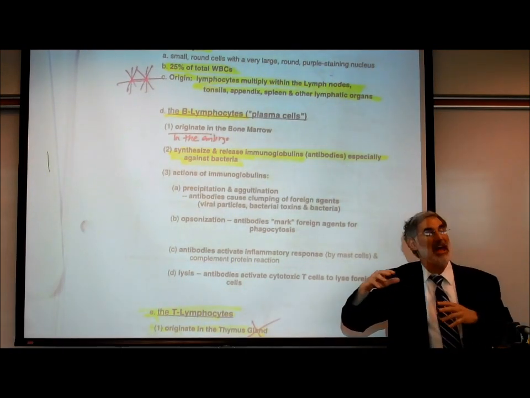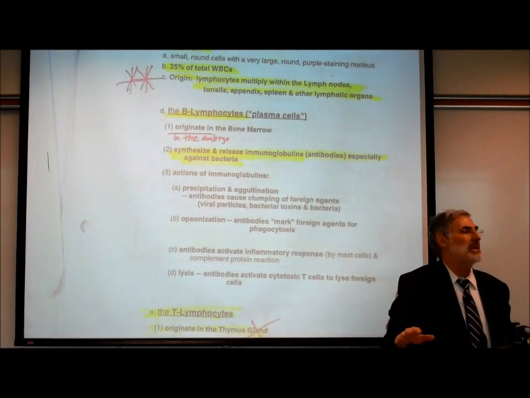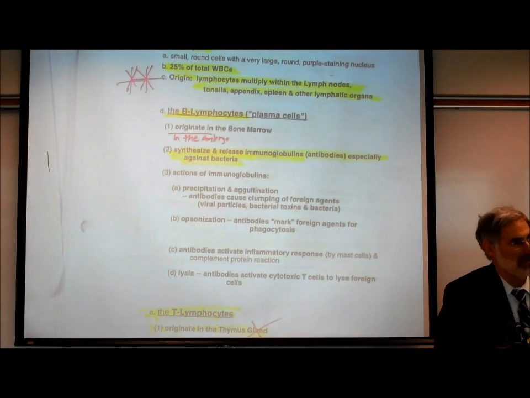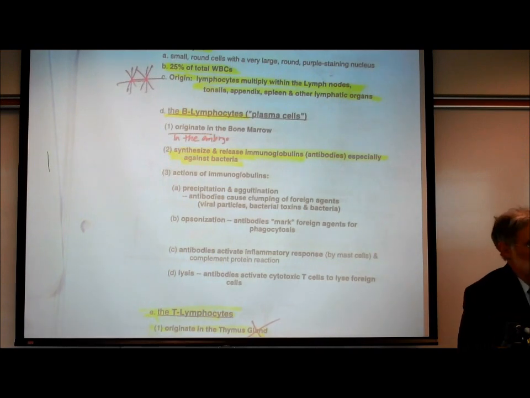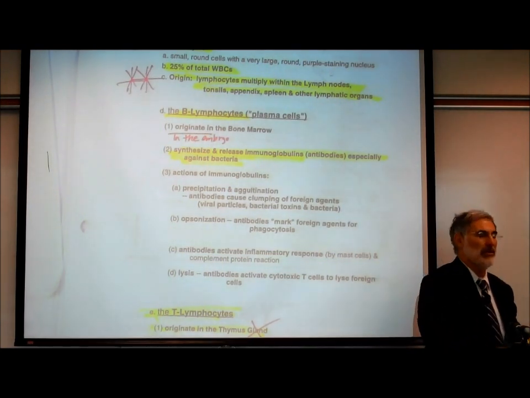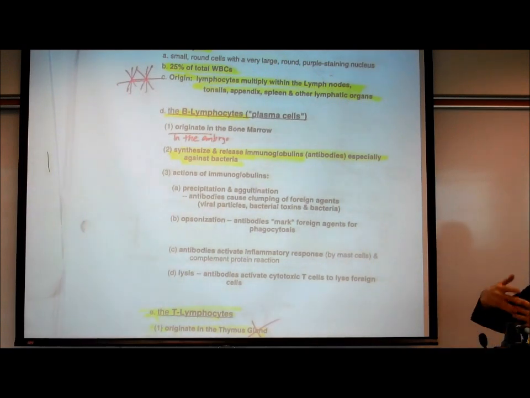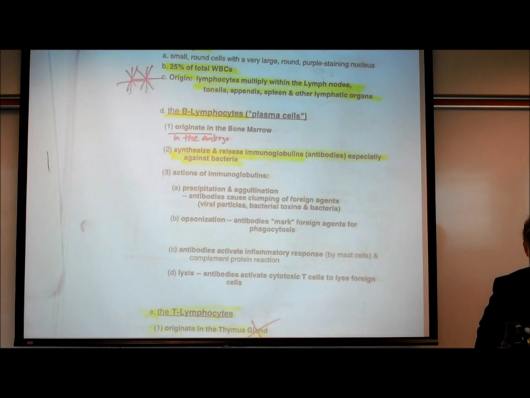And as an adult, there are no B lymphocytes in your bone marrow, none. They all left during, as an embryo, as a fetus, and also during childhood. As an adult, they have all left the bone marrow. That's simply where they embryologically originated from. And that's how they got the name B cells, or B lymphocytes.